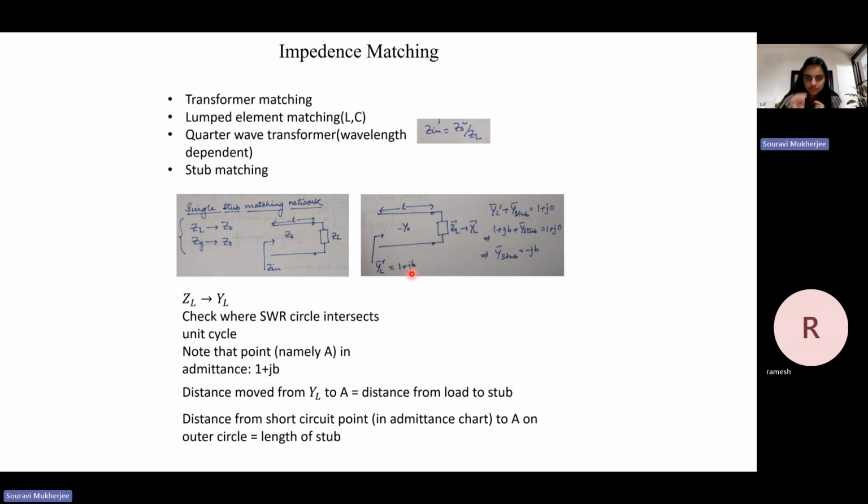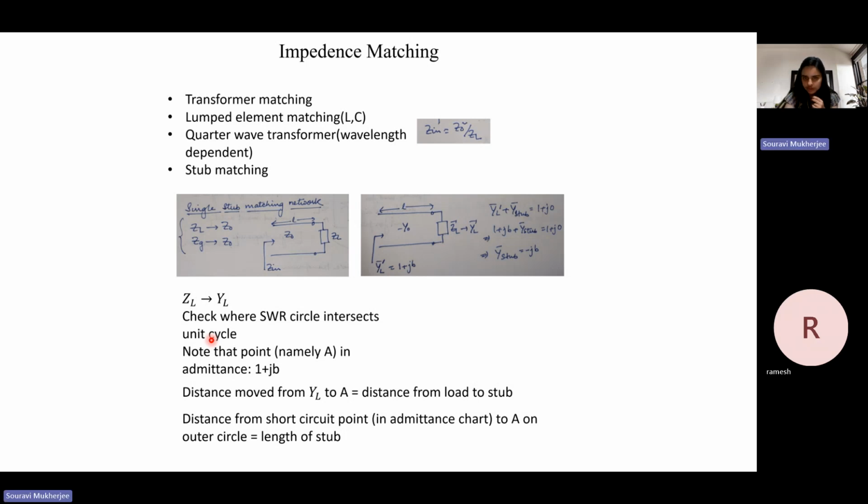So if this is your load on the Smith chart, you locate this point and draw a circle, just as you were doing for the last cases. Then you see where it intersects the unit circle, meaning where your resistance or real part is 1.